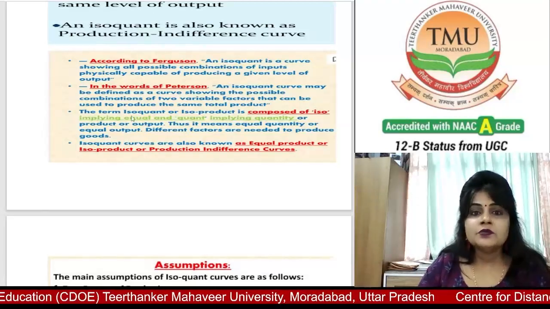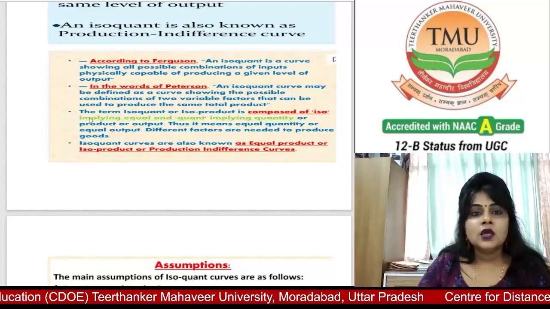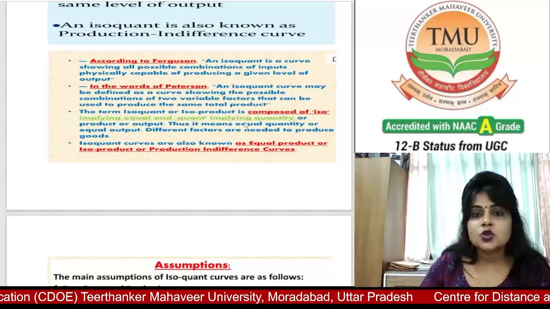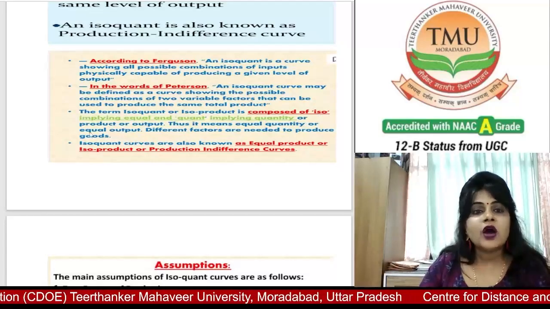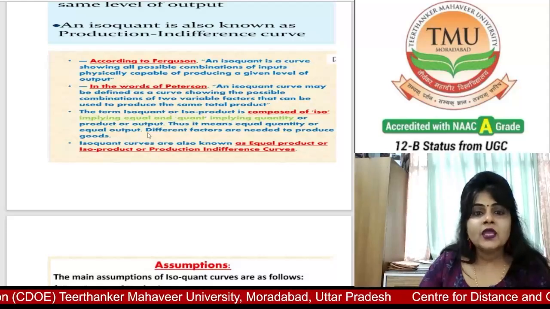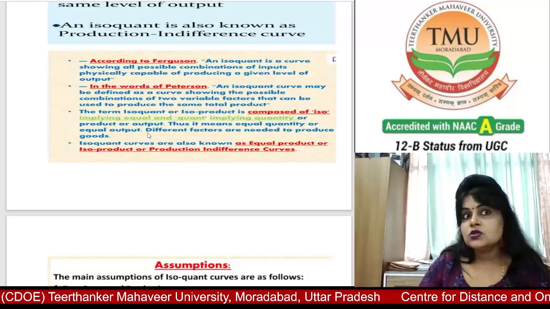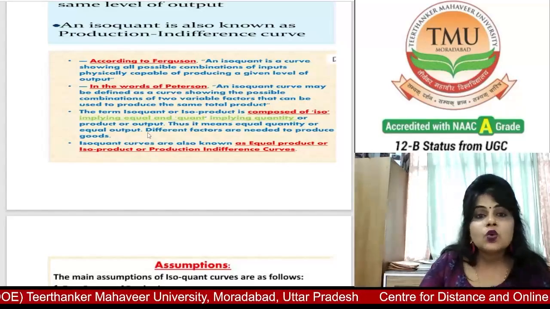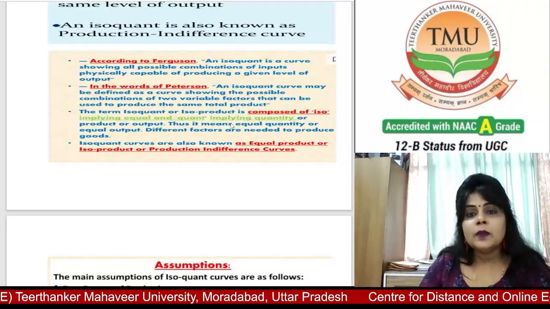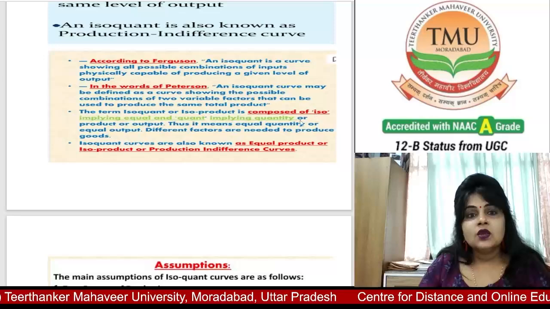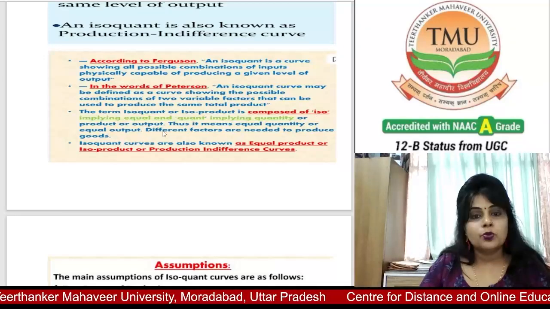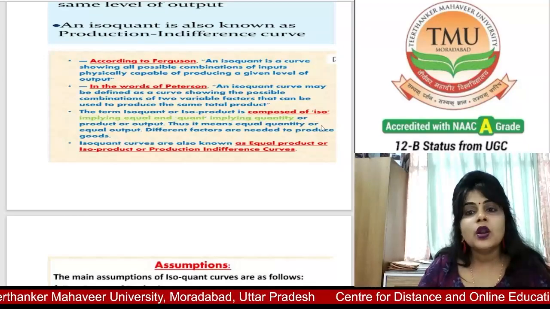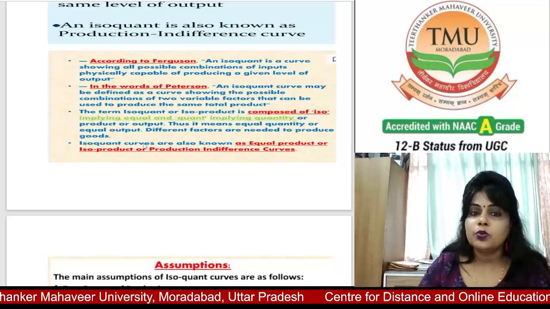The term isoquant or iso product is composed of iso, implying equal, taken from the Greek word for equal, and quant implying quantity or product or output. Thus, it means equal quantity or equal output.